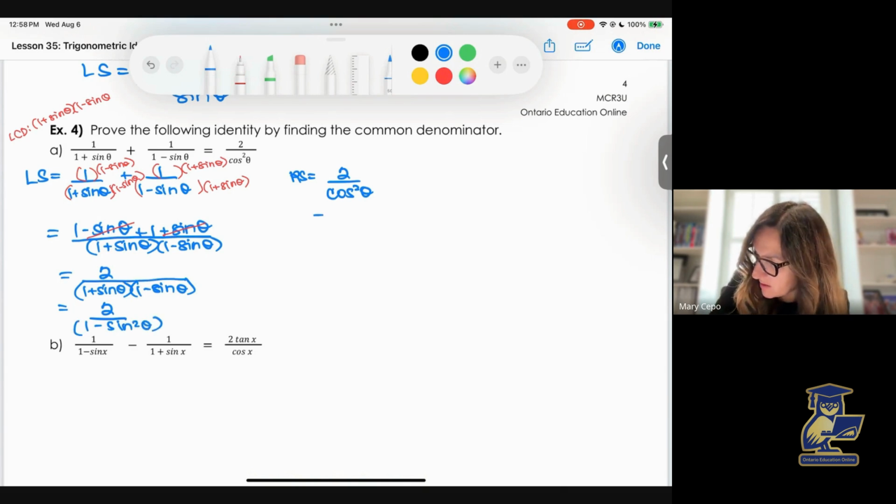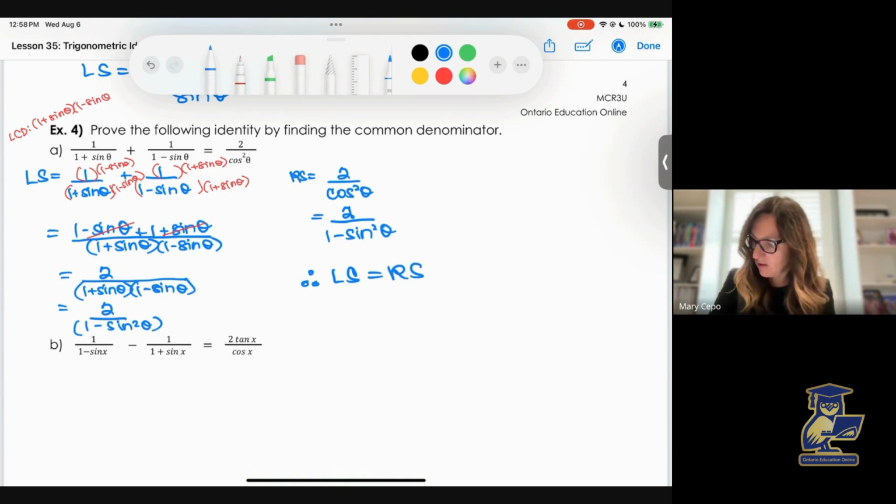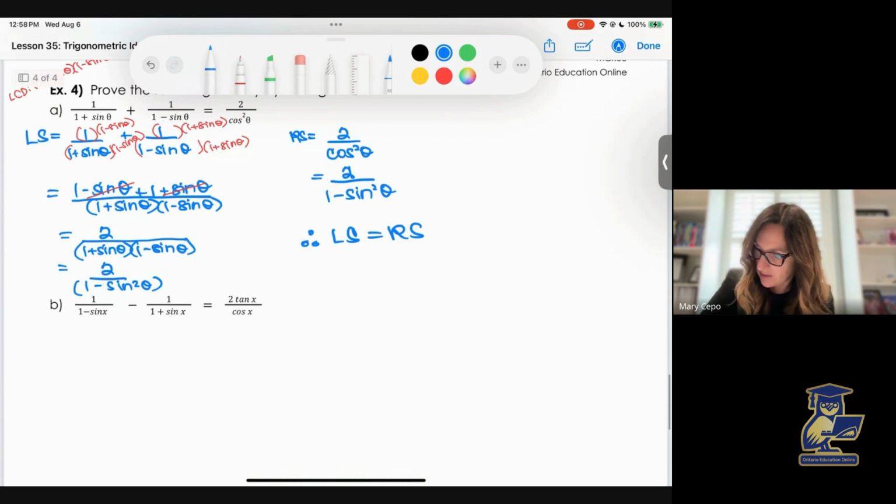Now working on the right side, we know using the Pythagorean identities, cosine squared theta is the same thing as 1 minus sine squared theta. So therefore, left side is equal to our right side. And we've proven the identity.